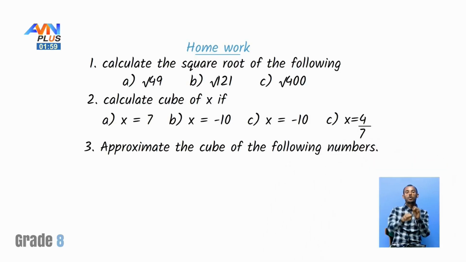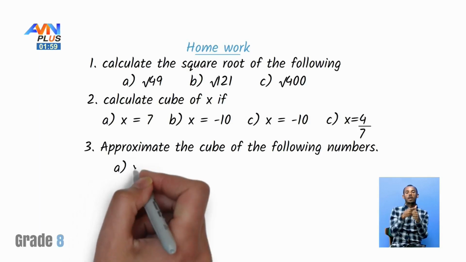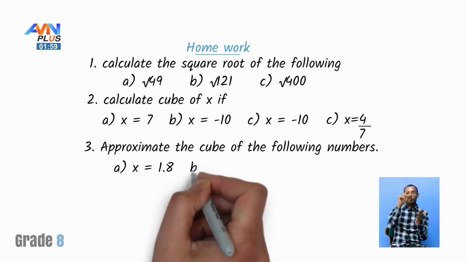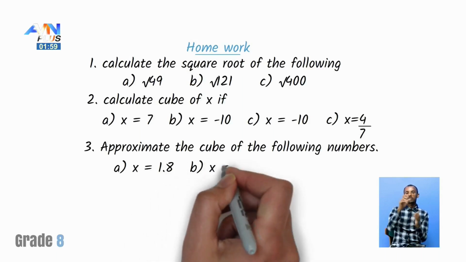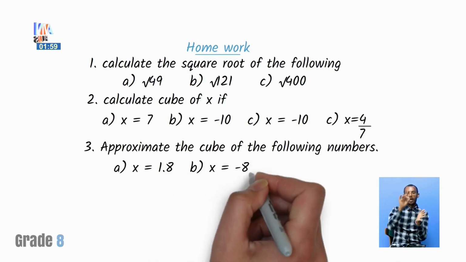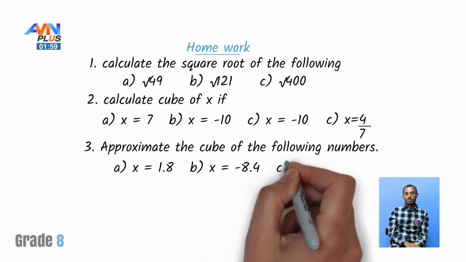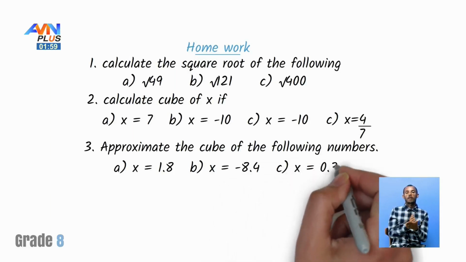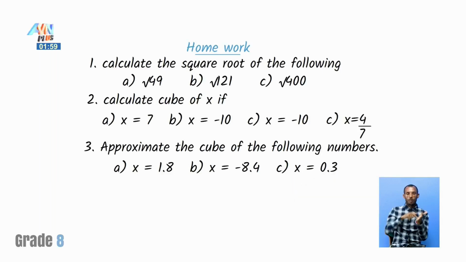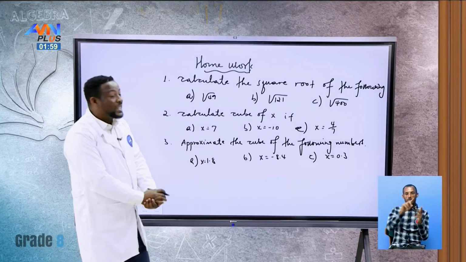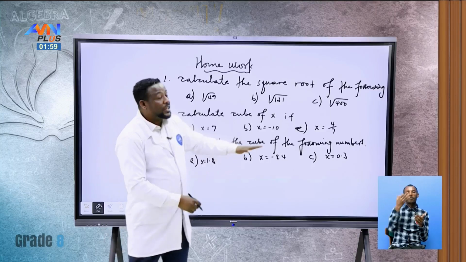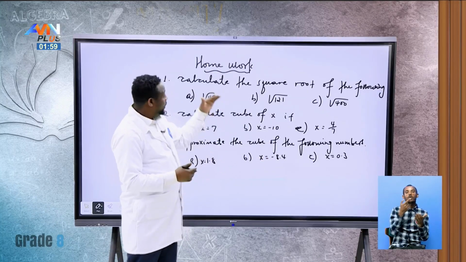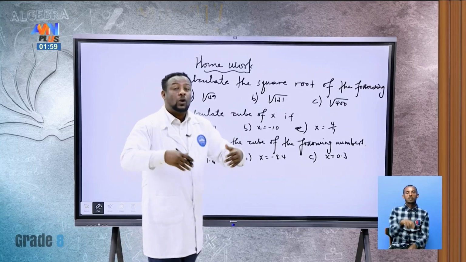The first one, take x is equal to 1.8, take x is equal to minus 8.4, take x is equal to 0.3. The third question is approximating the cube of these numbers. So I need you to attempt all these three questions.